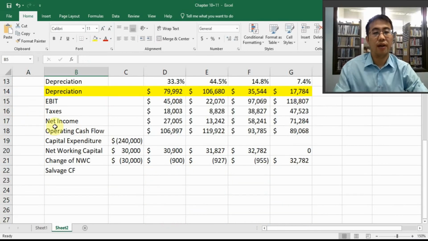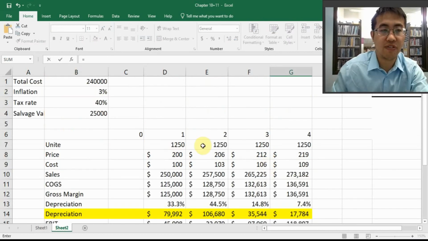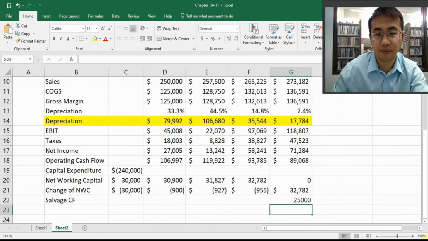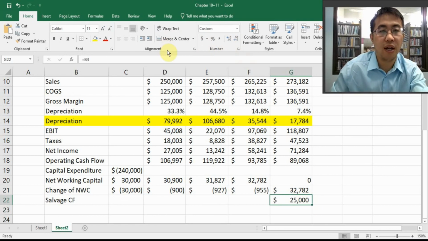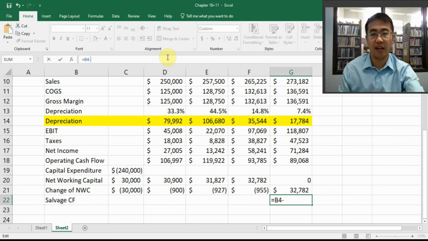Okay, and your salvage cash flow includes 2 components. One is the salvage cash flow, just the money you receive from selling the machine. That's one of them. Make it dollar, decrease decimal. And another I need to deduct here is the capital gains tax.